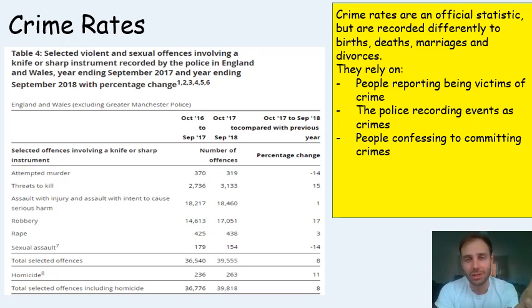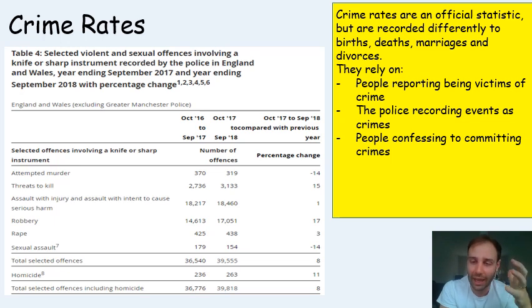Now, you can imagine if a letter came through your door asking you, please tick all of these things, have you committed these crimes in the last month? You might not be honest. Either you have committed them and you don't want to admit it, or you haven't committed them, but you think it's a bit of a laugh to say, yeah, I've committed a bank robbery in the last 2 weeks. And people just aren't always honest.